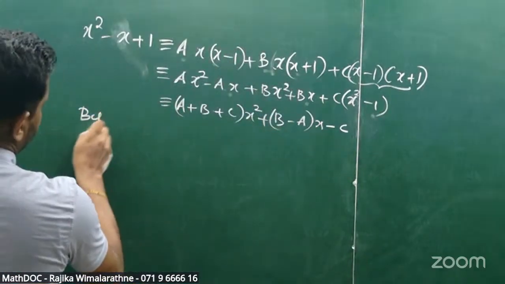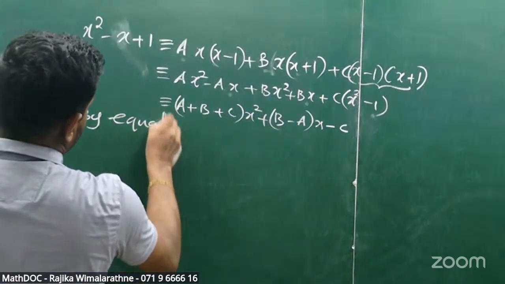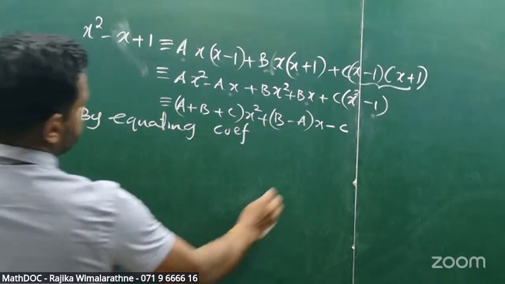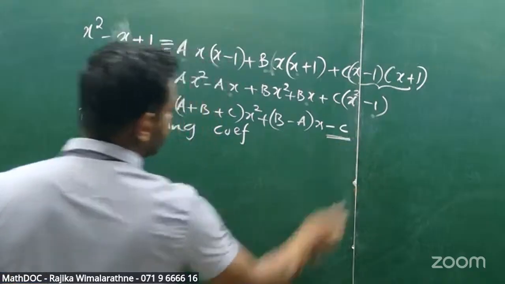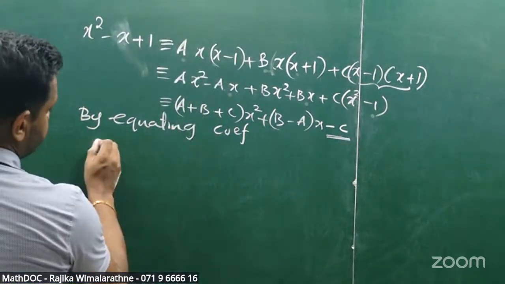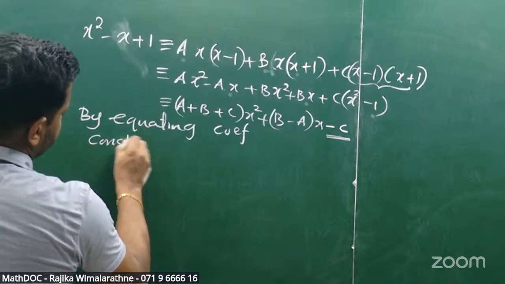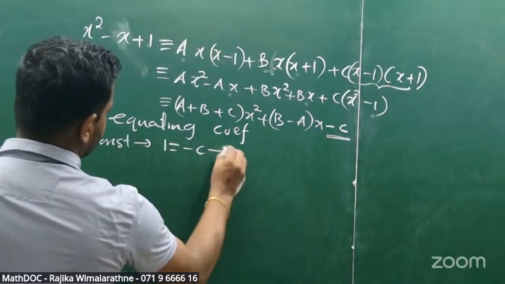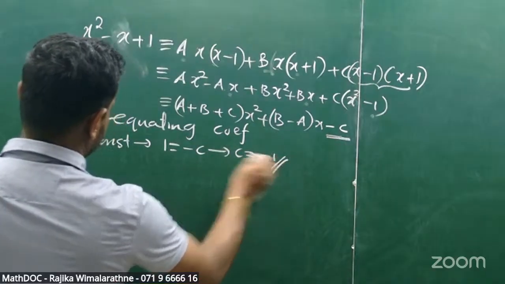Now, by equating coefficients, we better start with the constant term because we have only one term there. The constant on the left is 1, and on the right it is minus c.